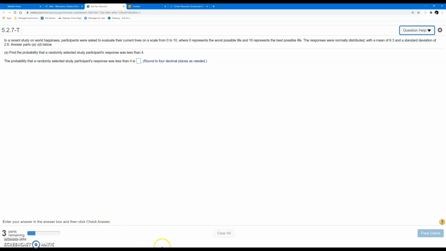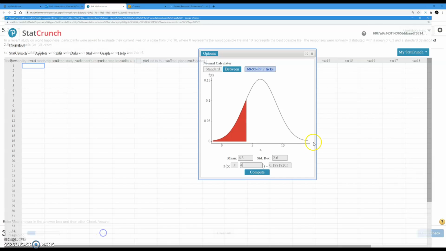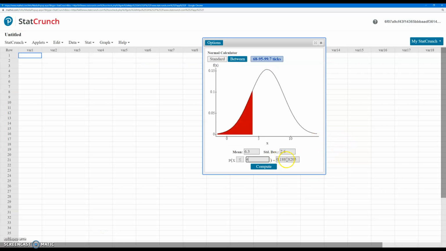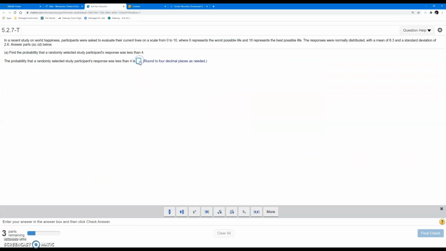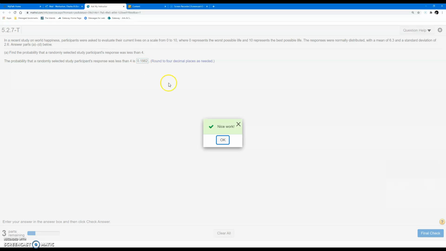They want 4 decimal places, so we can cut and paste that to 4 decimal places. That needs to be rounded up to a 2, but that's okay, I can remember that. Round that to a 2, and then that should do it.